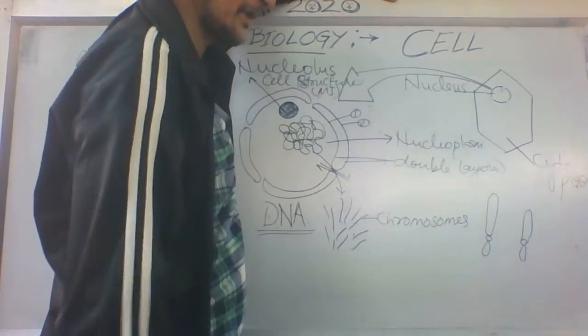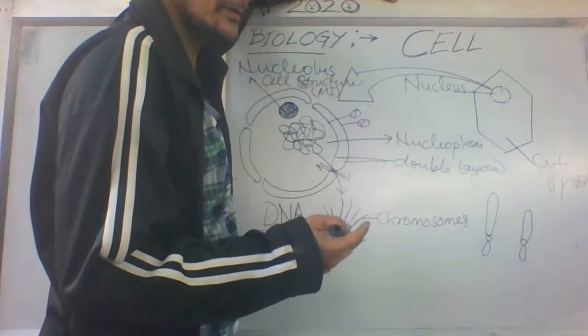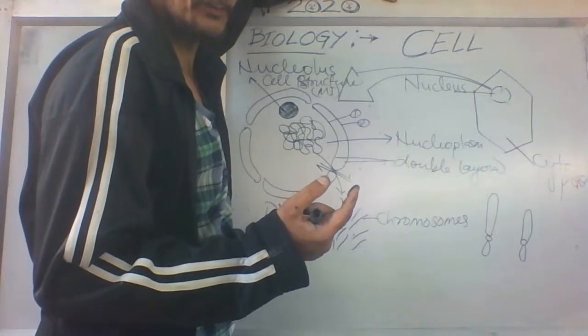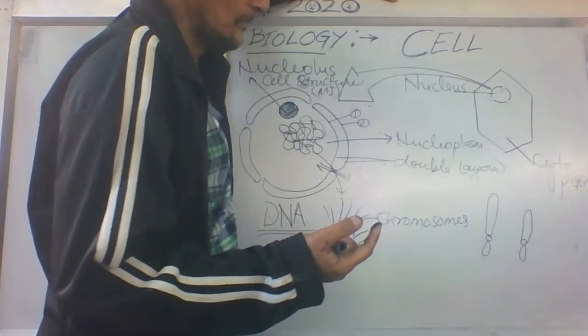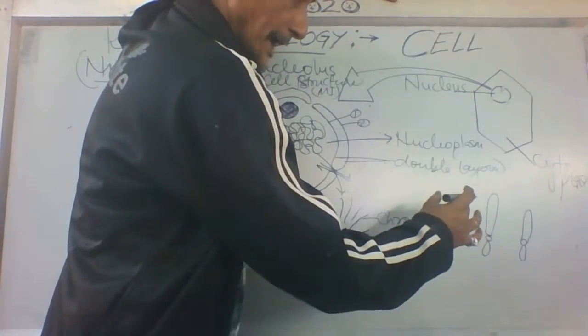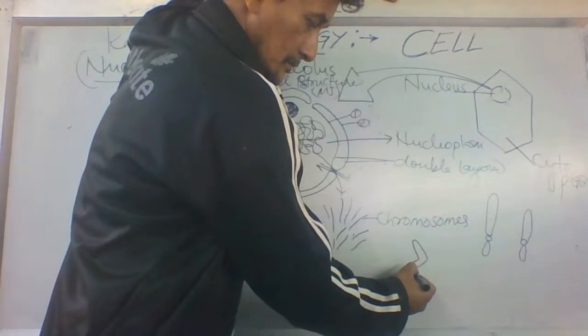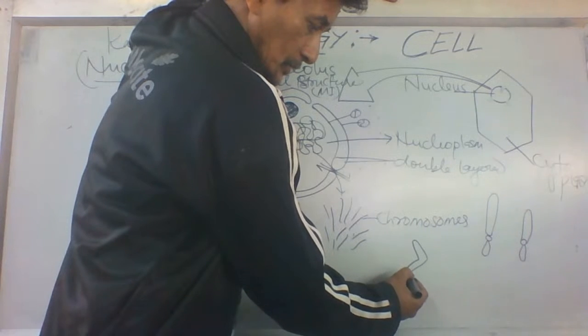These are chromosomal structures. You have seen that a small child has features of both the mother and the father. This is the mother's chromosome, this is the father's chromosome. They unite together like this. This is a circular part.